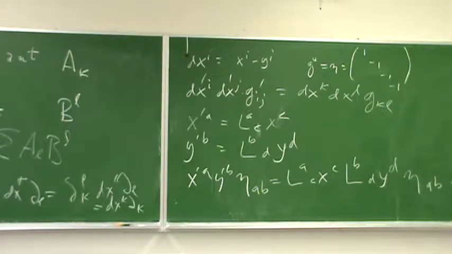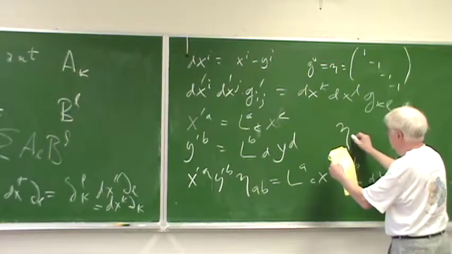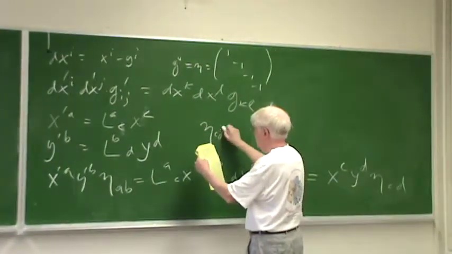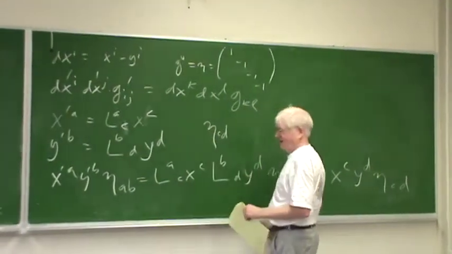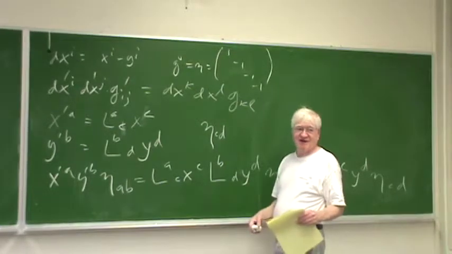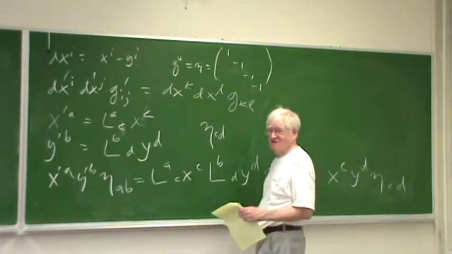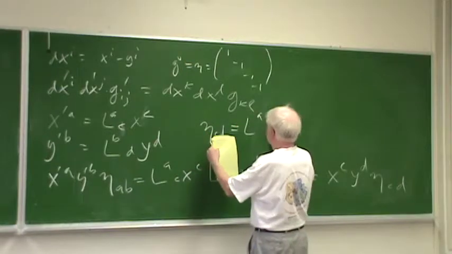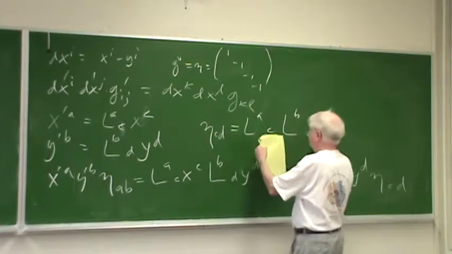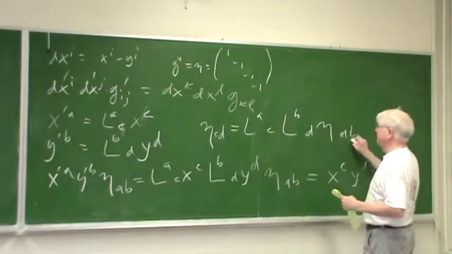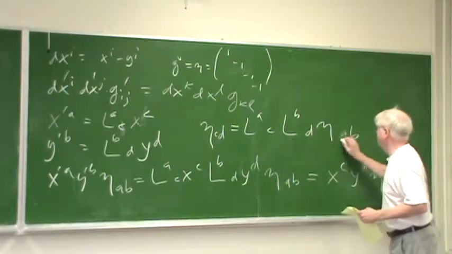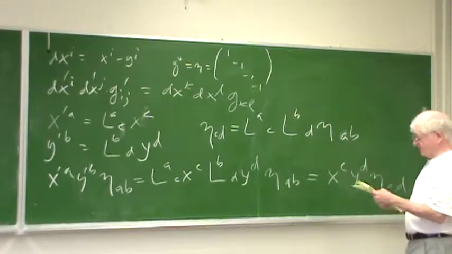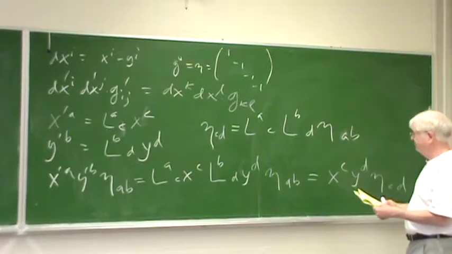So then, say, differentiating with respect to x and y, what we get is the rule: eta, this is the flat space metric, and yeah, I'm violating my rule to avoid Greek, it's just hopeless. Eta_CD then has to be L^A_C L^B_D eta_AB, and that is the definition of a Lorentz transformation.